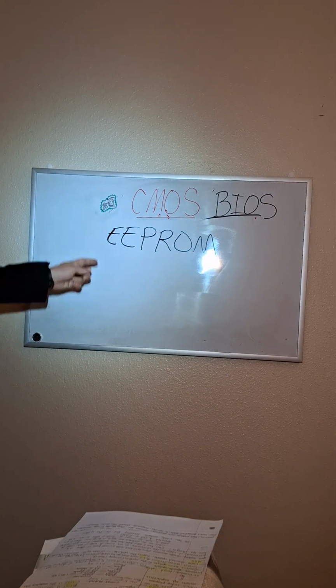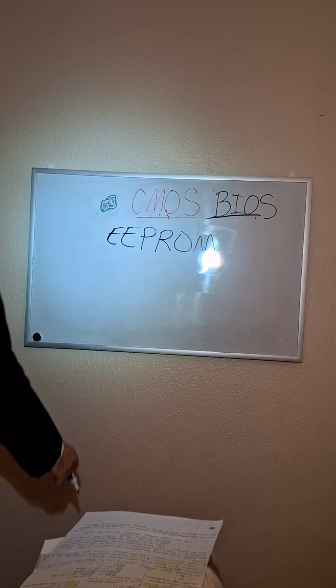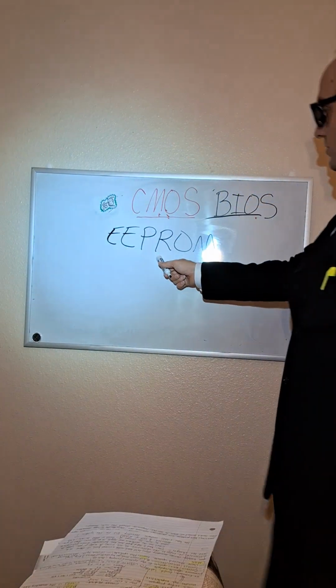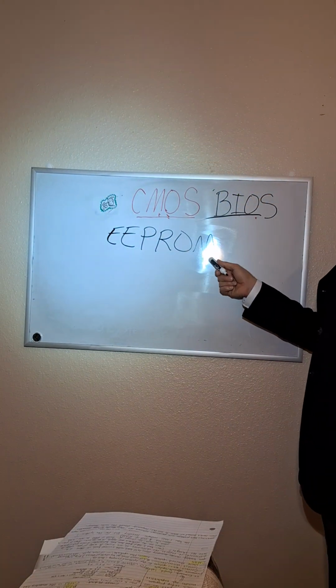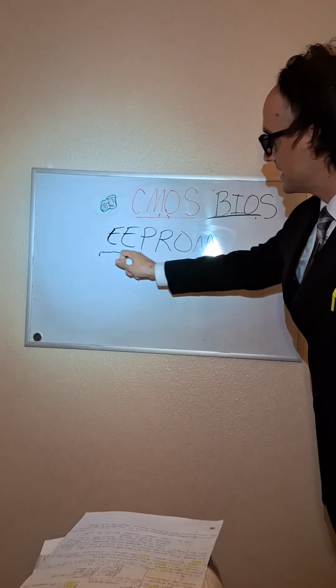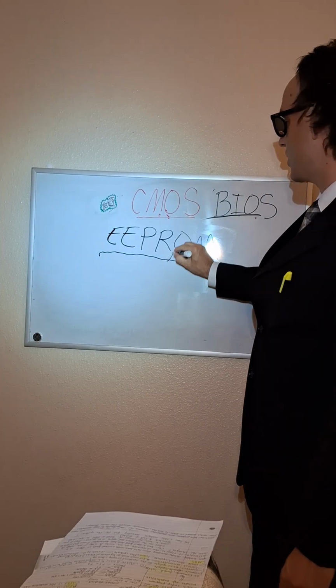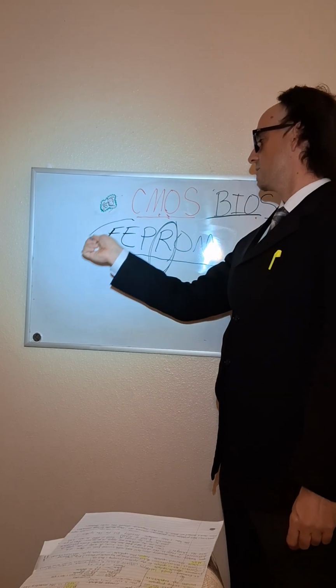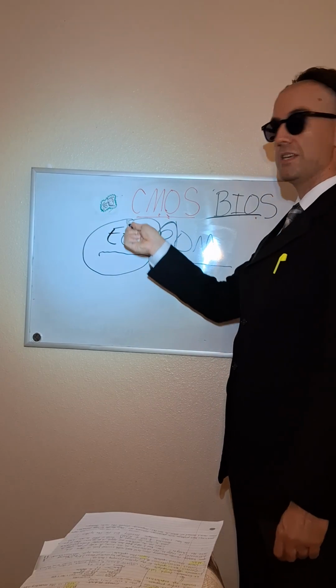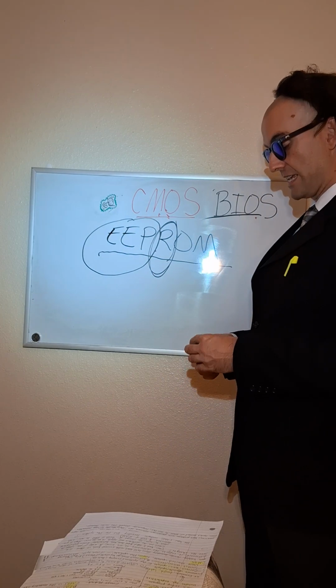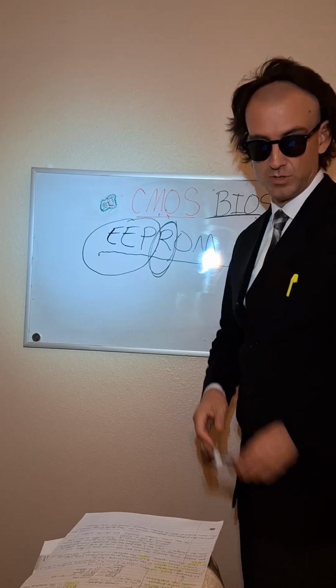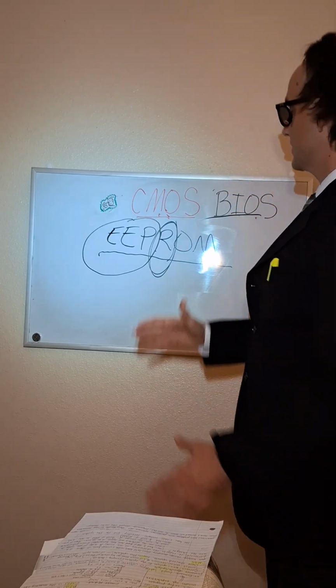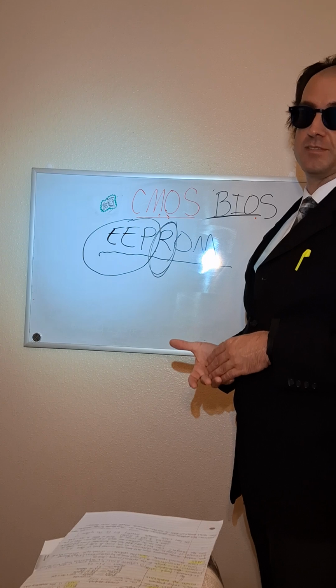Electronically erasable, programmable, read-only memory. So it's still read-only, but we got these two E's and a P in front of it. So that means electronically erasable, programmable. So it can be written over, but not easily.